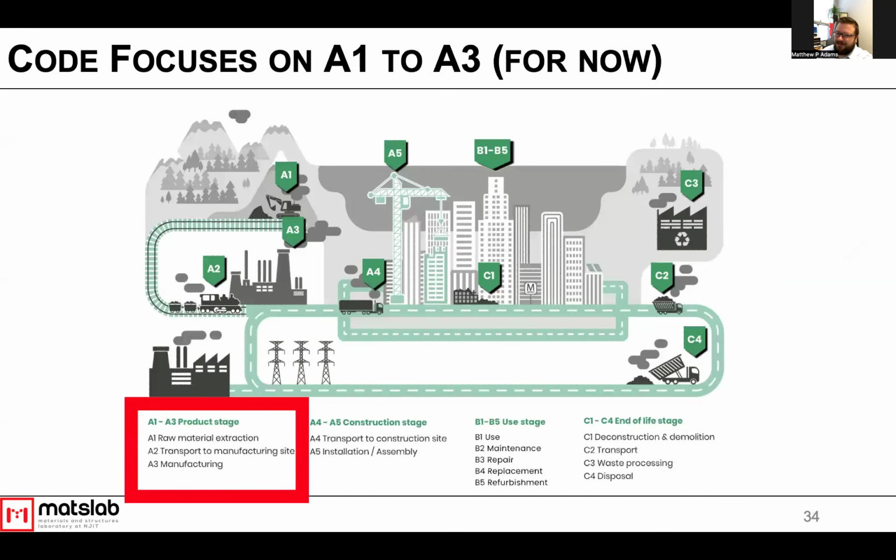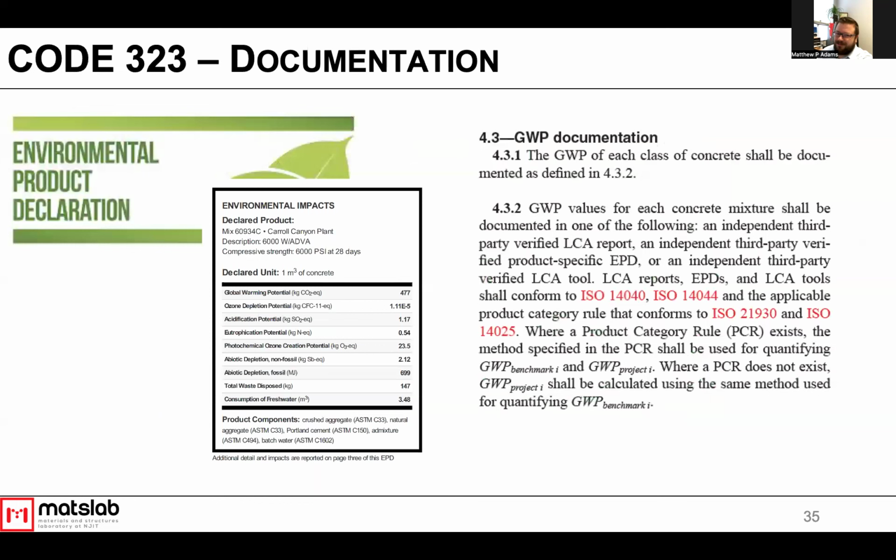Again, we are focused here on that upfront embodied carbon, and the reason for that is because we have the right tools. We don't have the tools for the rest of the life cycle. And when I refer to the right tools, I'm speaking specifically of what are known as environmental product declarations. Environmental product declarations are really what you need for your documentation.